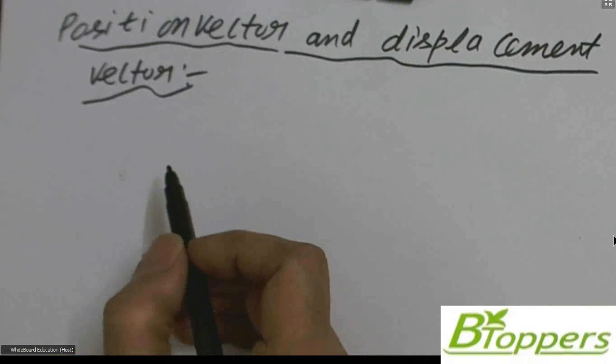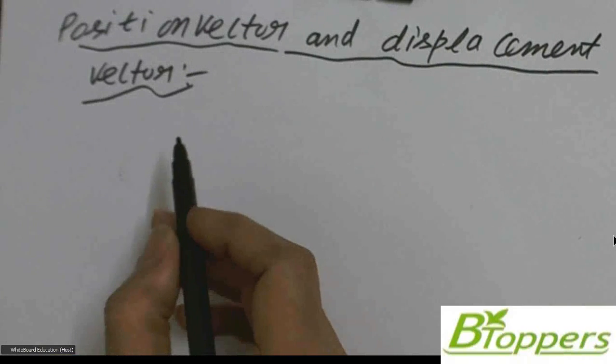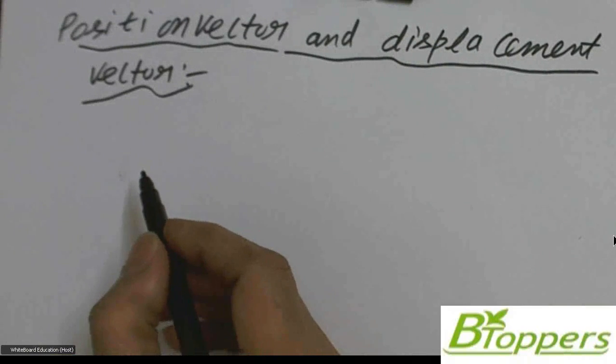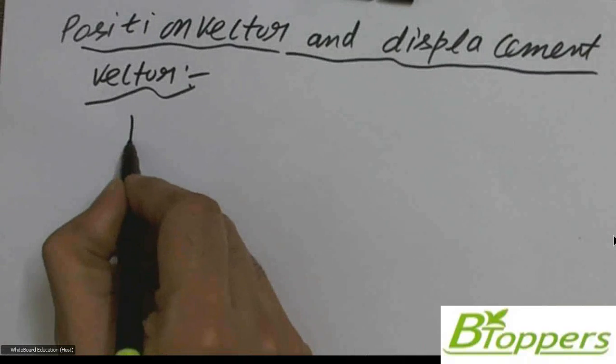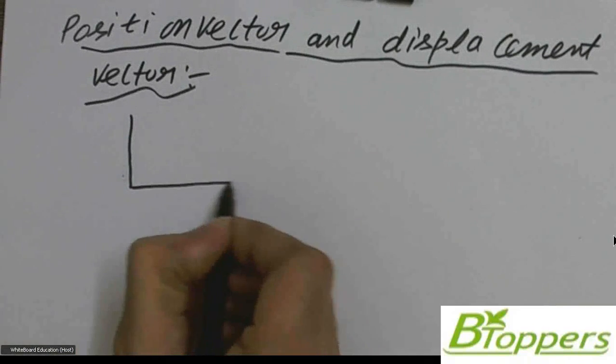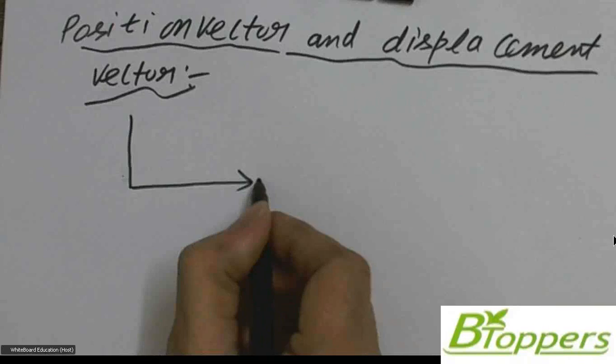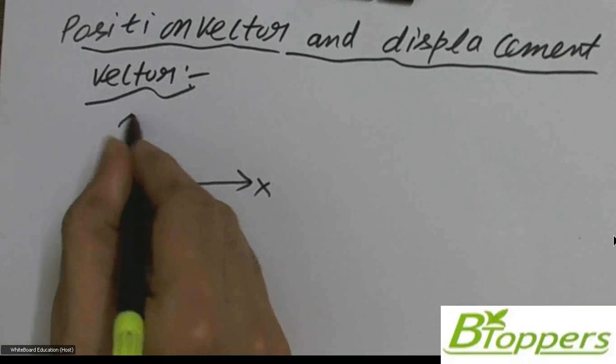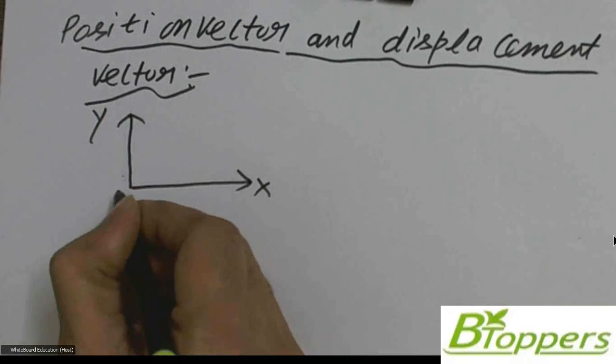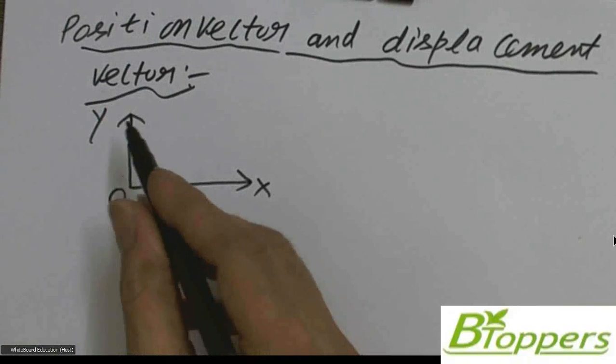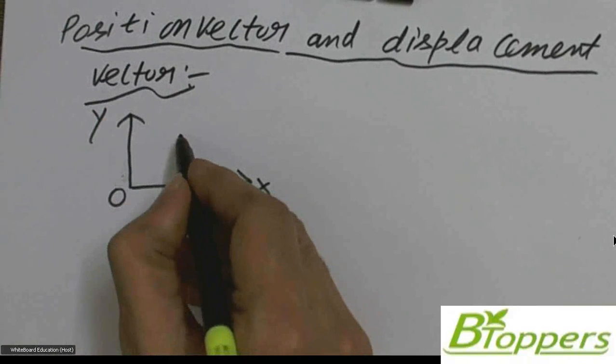So in mechanics, to discuss the motion of a particle in a plane, we choose a two-dimensional coordinate system. Ox is the x-axis, Oy is the y-axis.